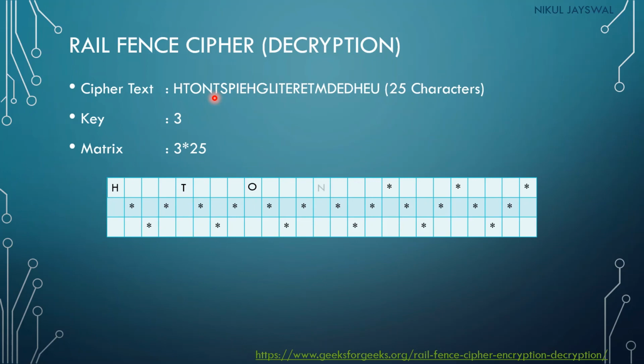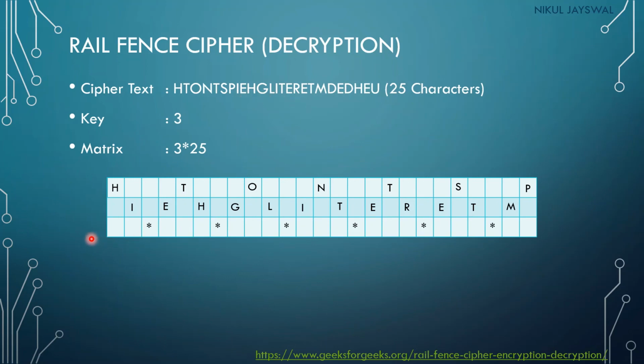So we will put the N here, we will put the T here. After that we have S, so we will put S here, and the P here. Now the next character is I, so we will put the I here, then E, then H, then G, then L, then I, then T, then E, then R, then E, then T, then M. Clear?